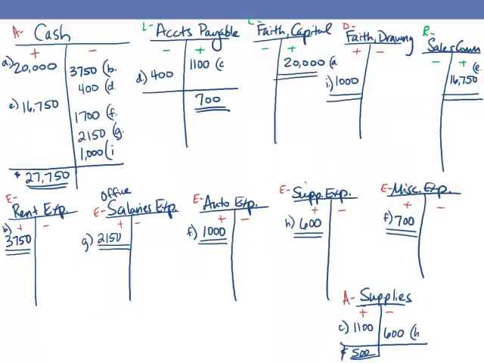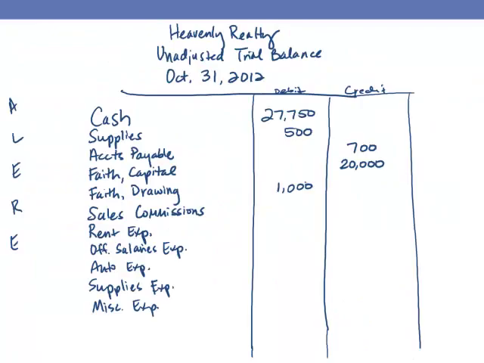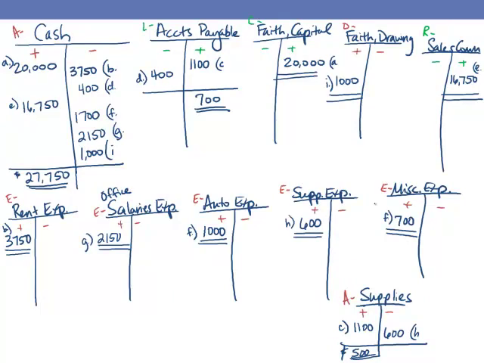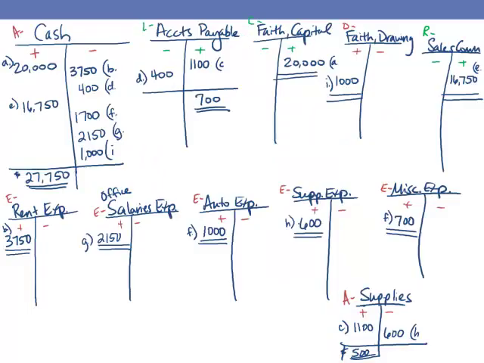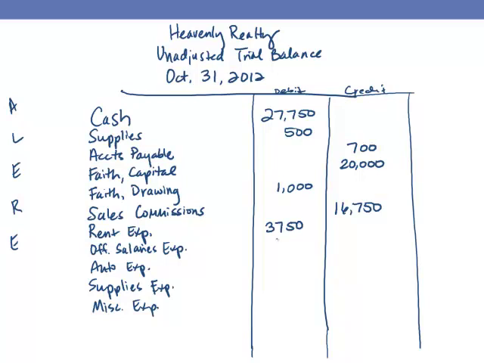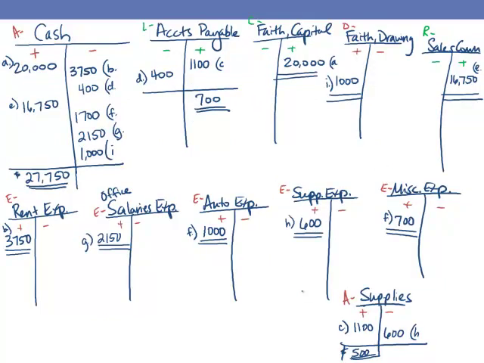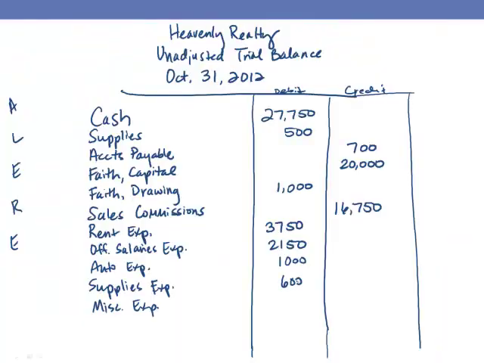Sales commissions, $16,750, credit balance. Rent expense, $3,750, debit balance. Office salaries expense, $2,150. Auto expense, $1,000. Supplies expense, $600. And miscellaneous, $700.